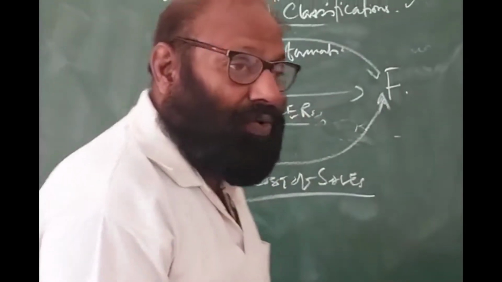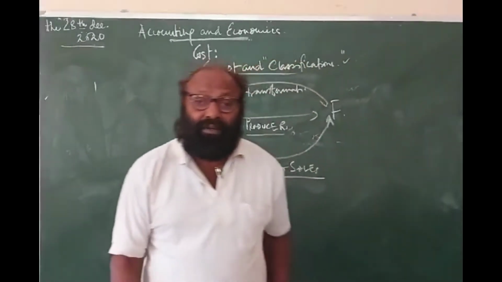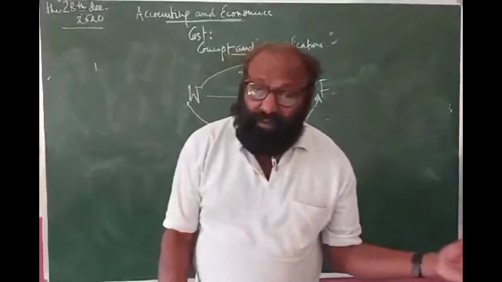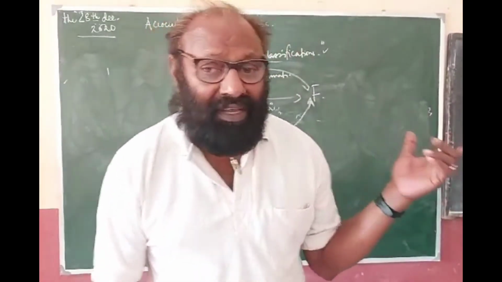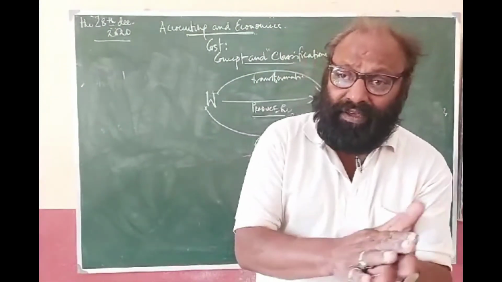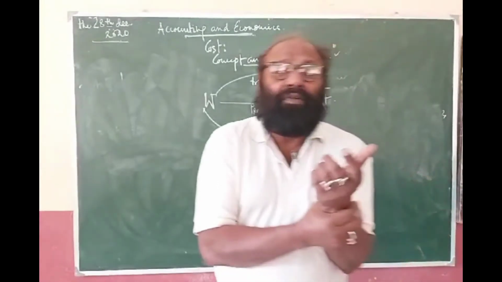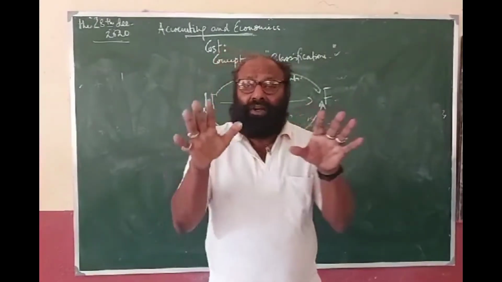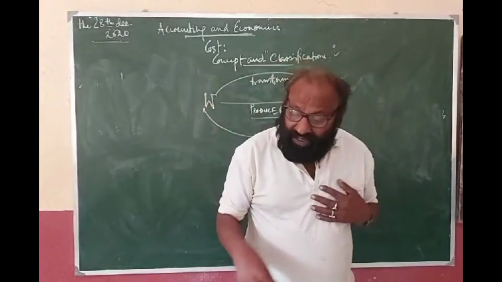Now you think, what are the costs which may be involved? While I was taking up the topic, accounting, statement of profit, I told you the costs are of different types. What are the costs?